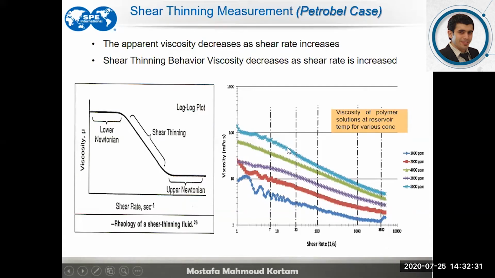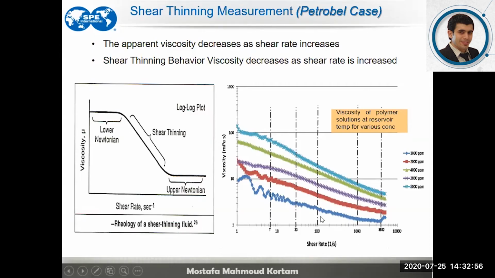And that's what was discovered in the analysis of this particular polymer type at different polymer concentrations. This is a real example conducted in the labs, where the viscosity decreases with the rise in the shear rate at different polymer concentrations.